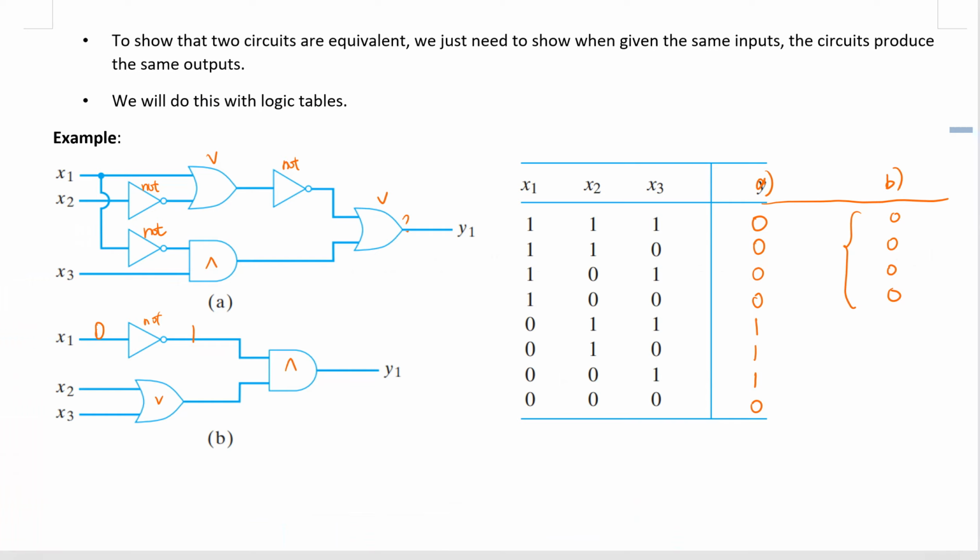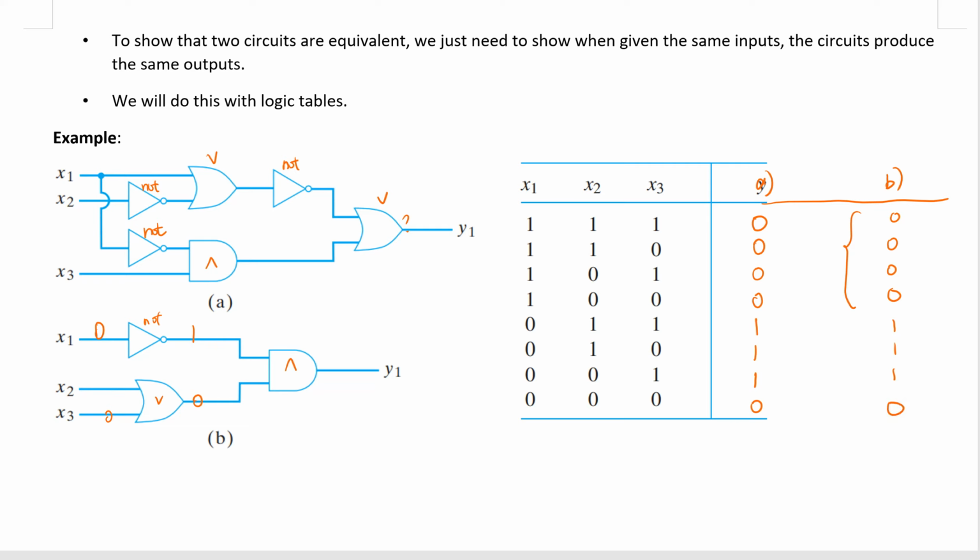x2 and x3. So if x2 and x3 are both 1, 1 or 1 is 1, 1 and 1 is 1. Oh, you see, if one of x2 and x3 is 1, the result is going to be 1, then 1 and 1 is 1. Okay? And then finally, if both of them are 0, 0 or 0 is 0, 0 and 1 is 0.